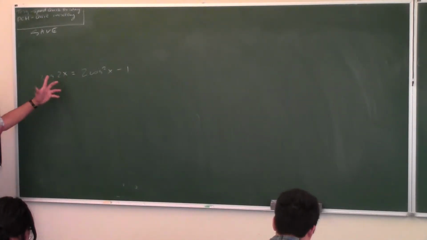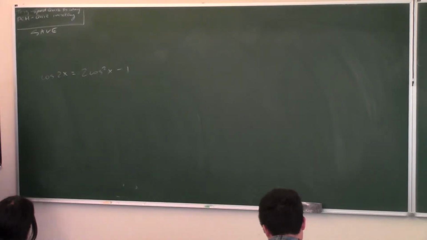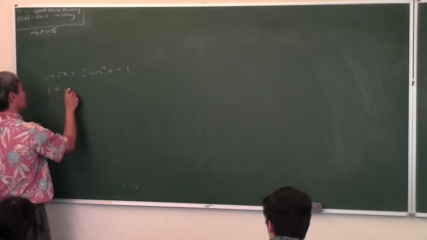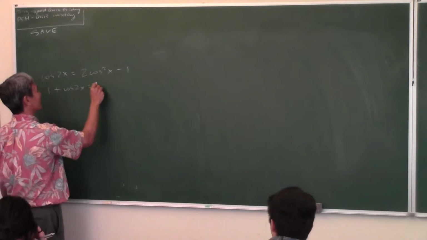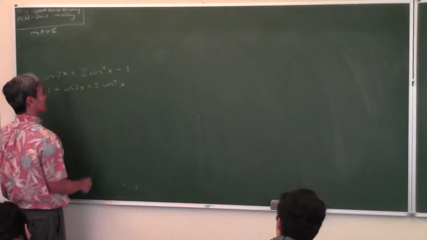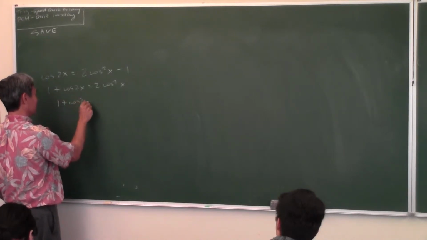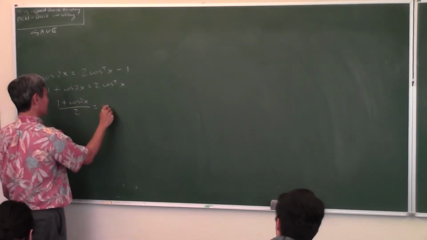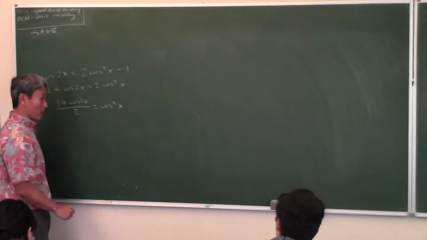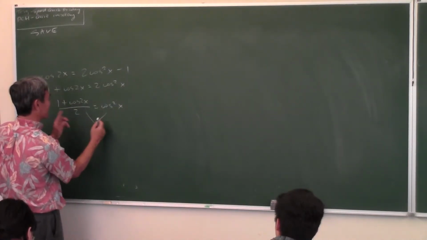All I'm going to do is play around with this identity. Add 1 to both sides. Divide both sides by 2. I'm going to flip these like this.